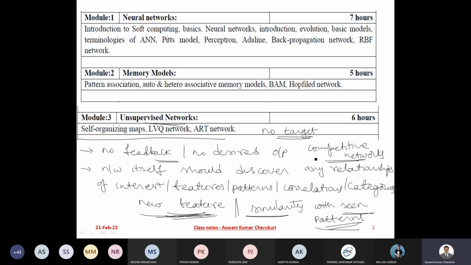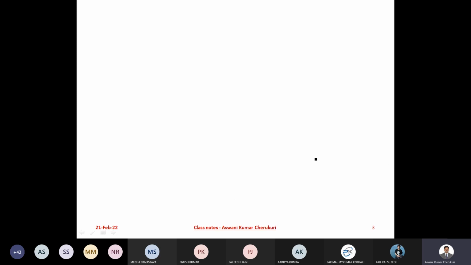Okay, and of course there is a lot more illustration to be done when I say competitive network. It depends upon the network architecture also. So essentially, the unsupervised network you also call competitive networks.